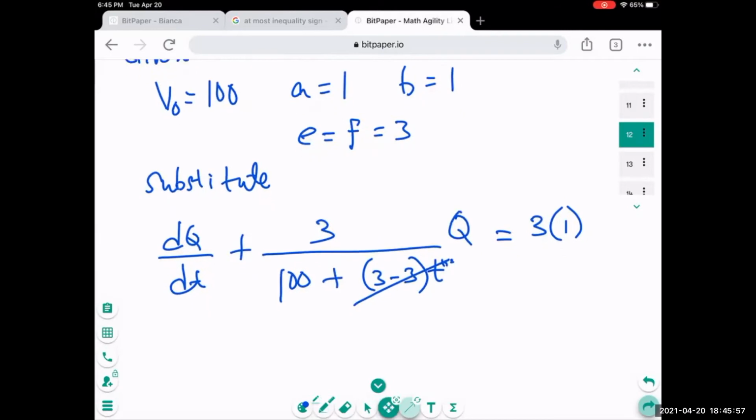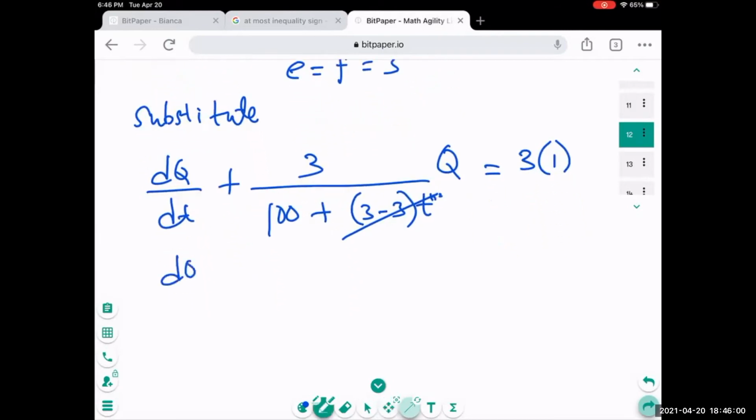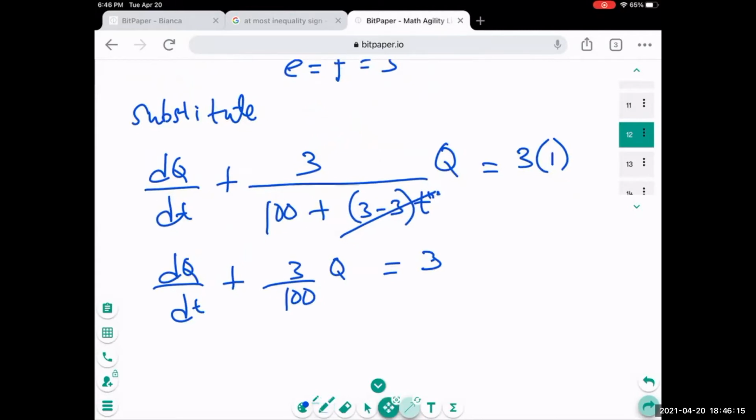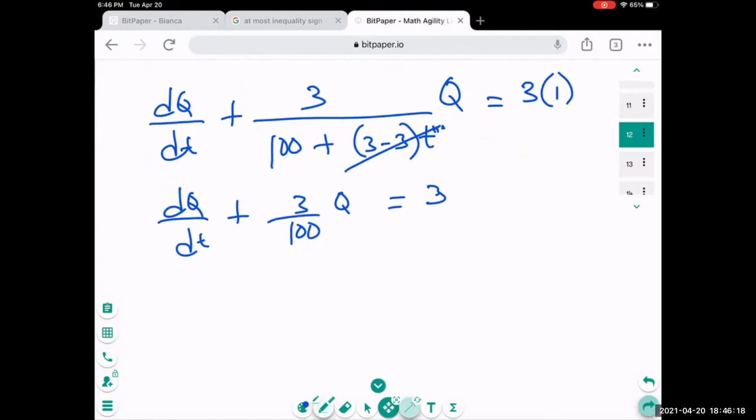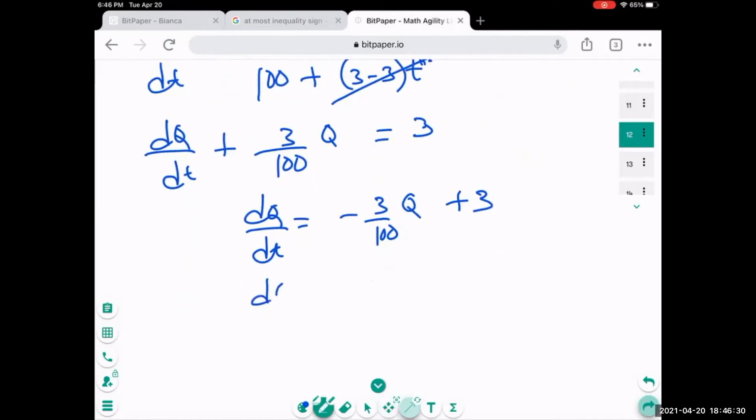So let's simplify this. So dq over dt plus 3 over 100 q equals 3, right? So let's move the variable q to the right hand side of the equation. So we will have dq on the left, negative 3 over 100 times q plus 3. Okay, let's factor out 3, negative 3, so q over 100 minus 1.